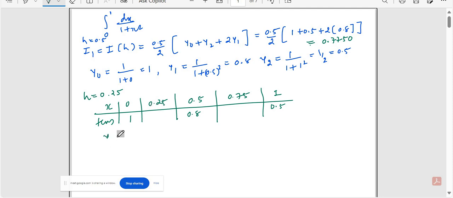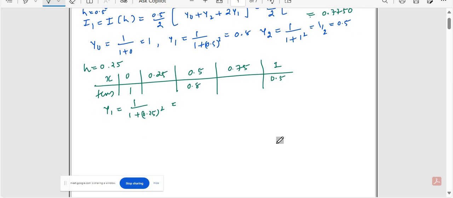For that, y1 is equal to 1 upon 1 plus 0.25 whole square. What should be your value? Do it fast, everybody. 0.8? No, it is not 0.8. It is 0.25 whole square, Ayush.